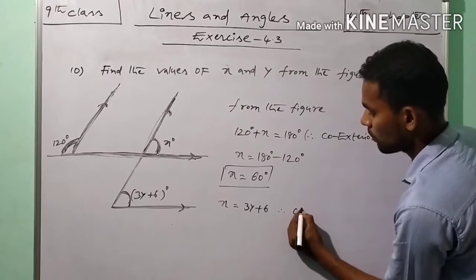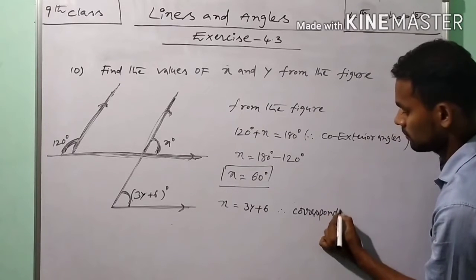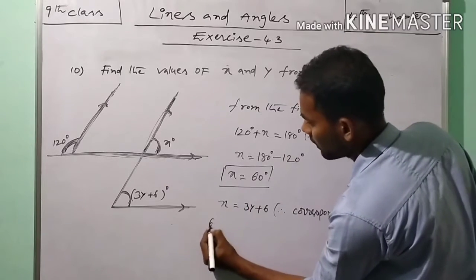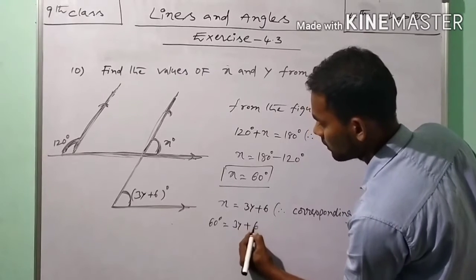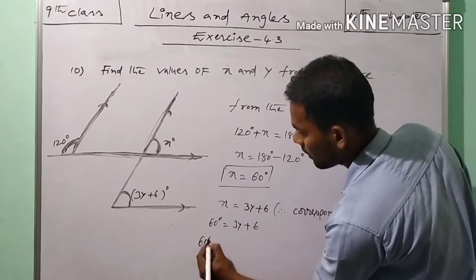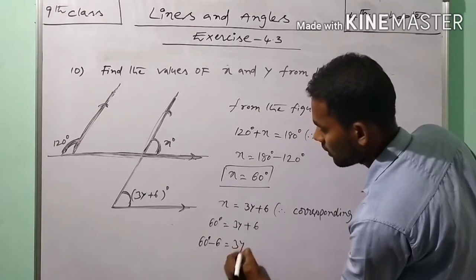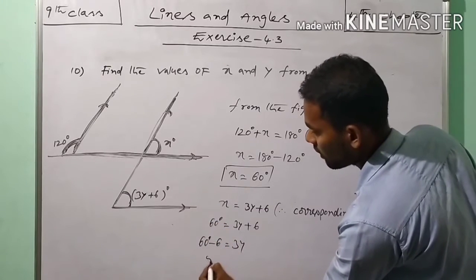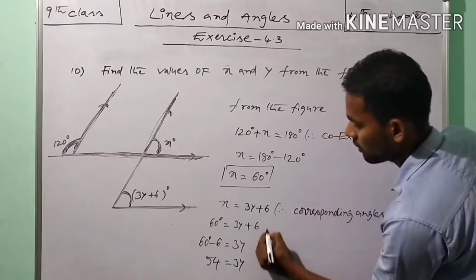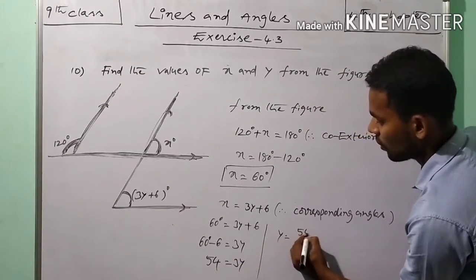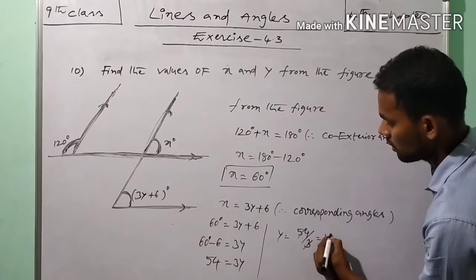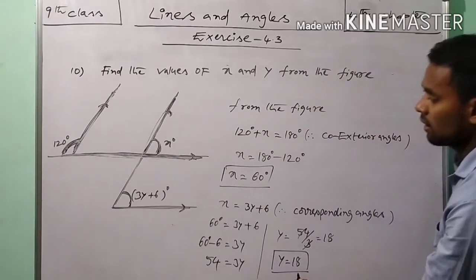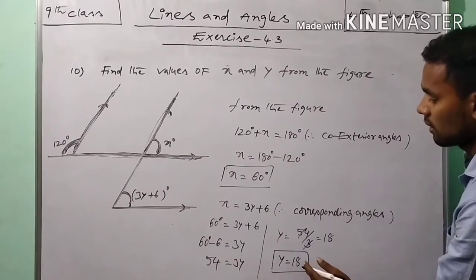Therefore, corresponding angles are equal. x equals 60 degrees equals 3y plus 6. 60 minus 6 equals 3y, transposing 6 to the left hand side. 60 minus 6 equals 54 equals 3y. y equals 54 by 3. 3 times 18 is 54. y equals 18. The y value equals 18 degrees.